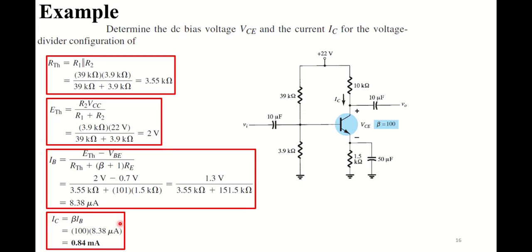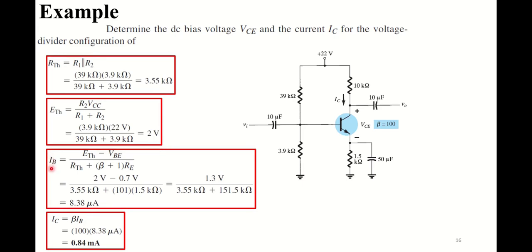Now we have successfully calculated one of the required values as asked in the question, that is IC. But before calculating IC, we had to calculate R Thevenin, E Thevenin and IB.